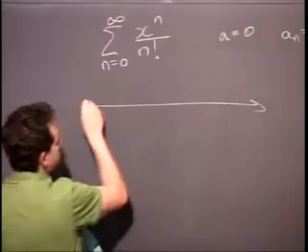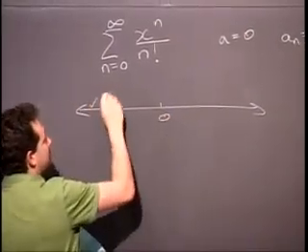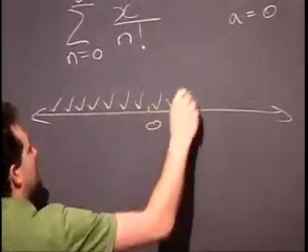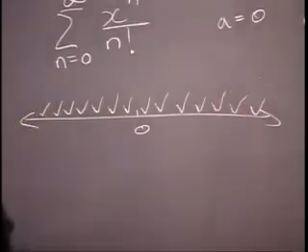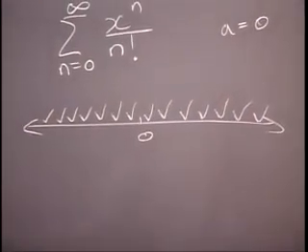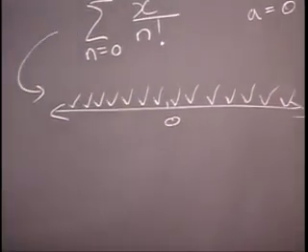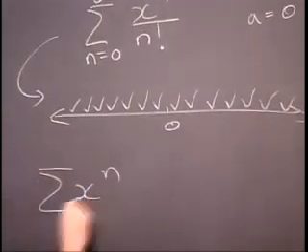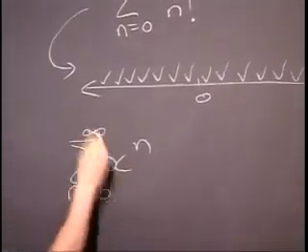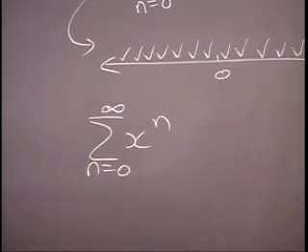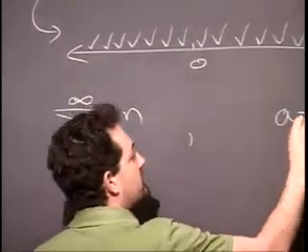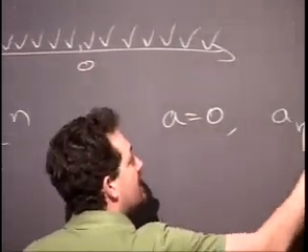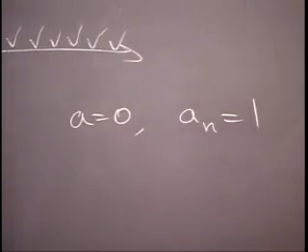And so I was drawing a number line like this, and I was putting check marks where it converges. In this case, it converges everywhere. On the other hand, the geometric series, x^n, corresponds to a equals 0, but a_n equals 1 for all n.